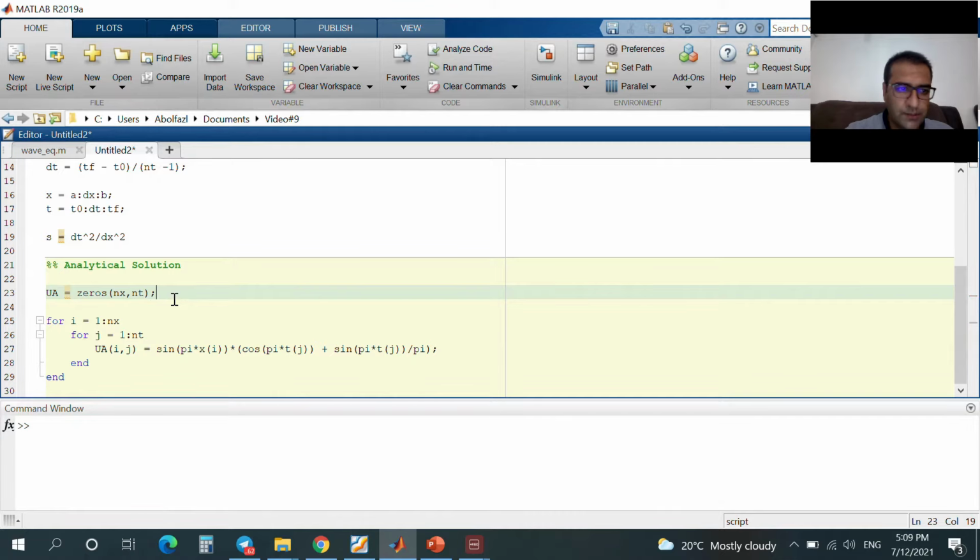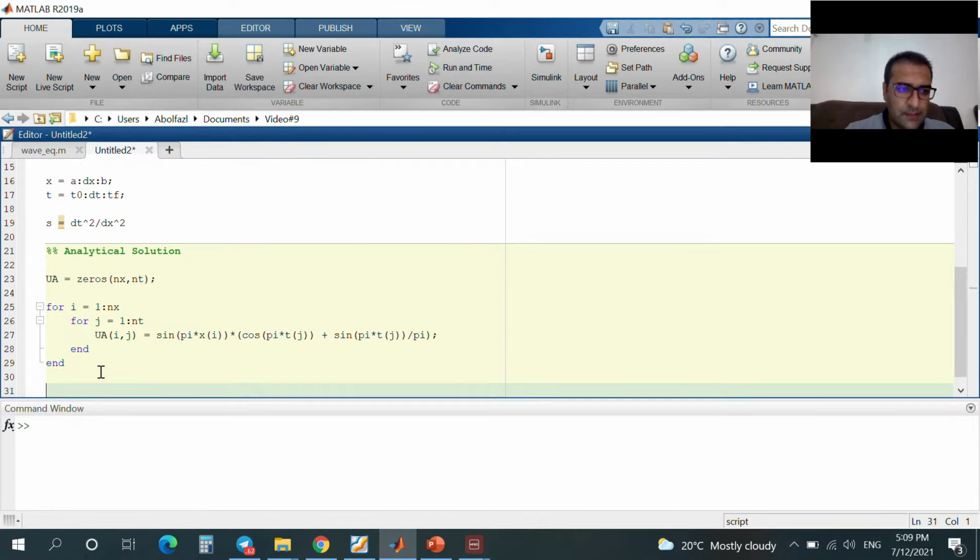Okay, semicolon here, and let's plot it with contourf. I think this is correct. Contourf of ua.